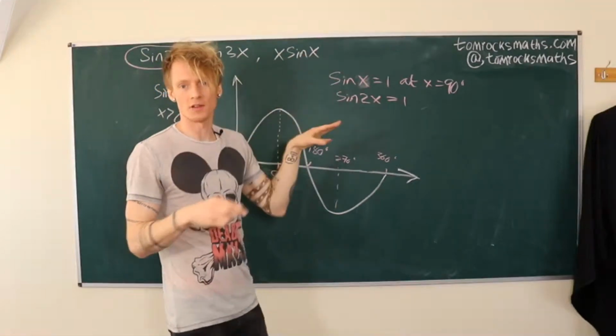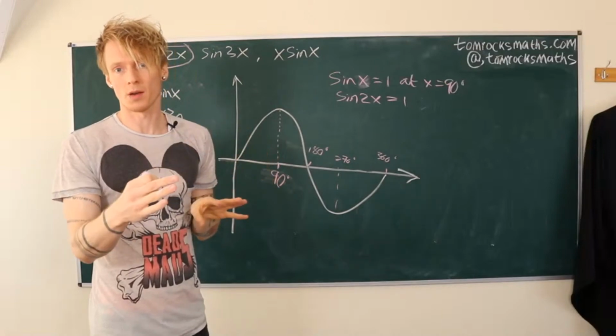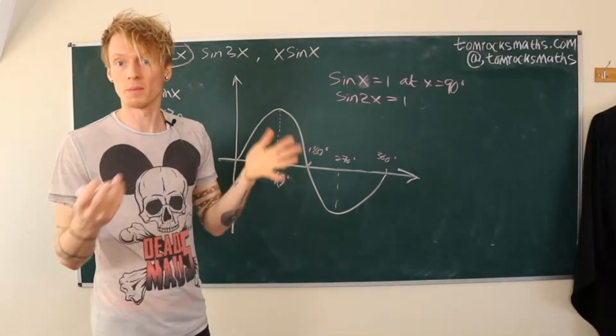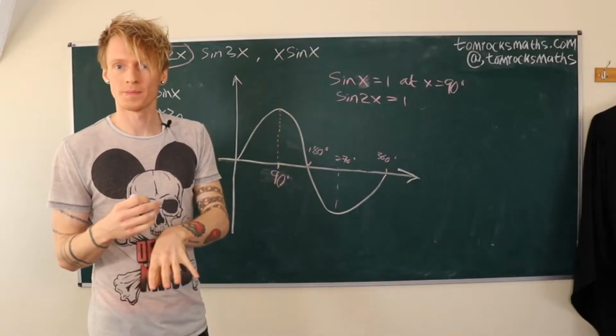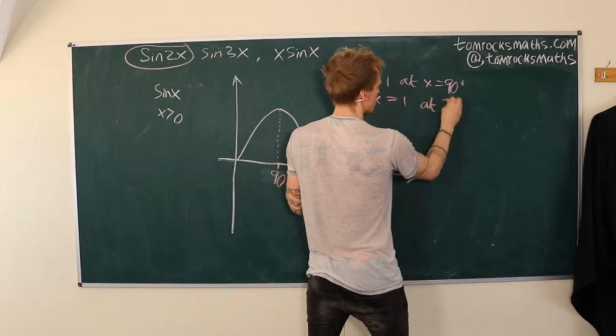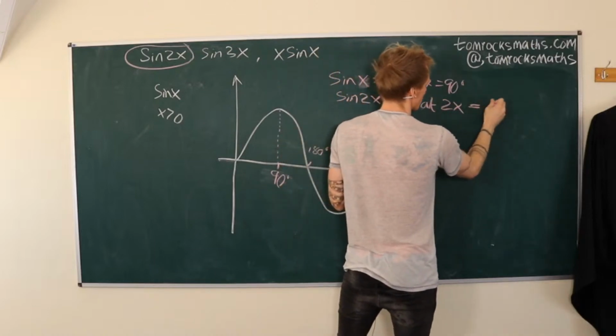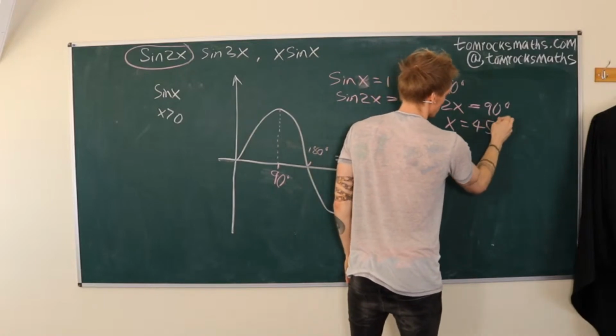Because we want to try and solve sine of something equals 1, and we know that one point which satisfies that is sine of 90 equals 1. So here, this will be true at 2x equals 90, which is just x equals 45 degrees.